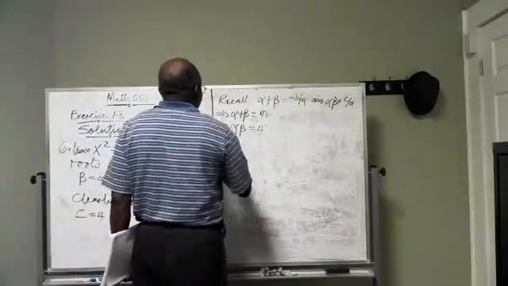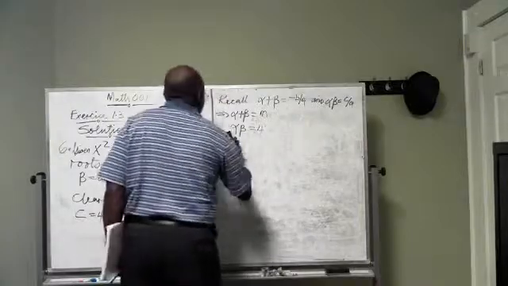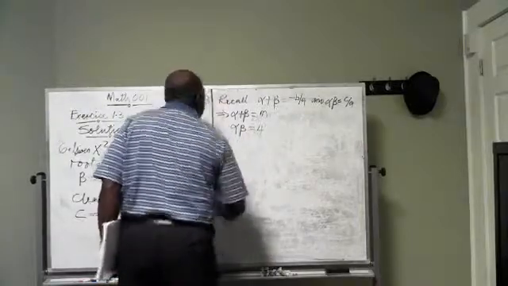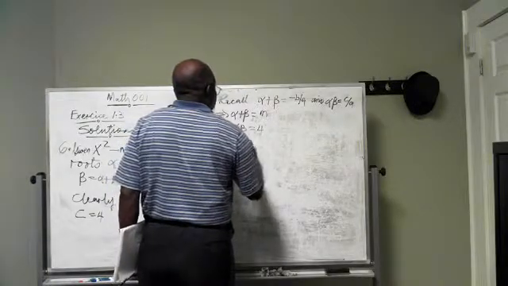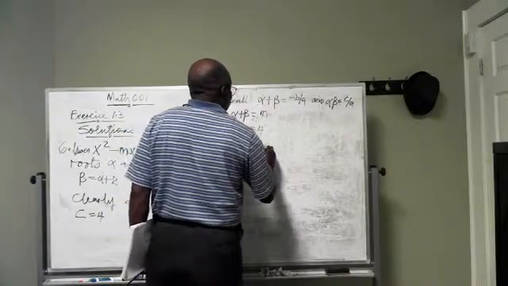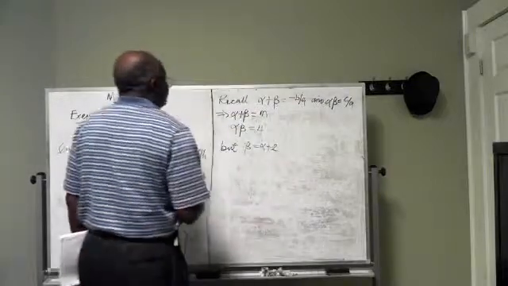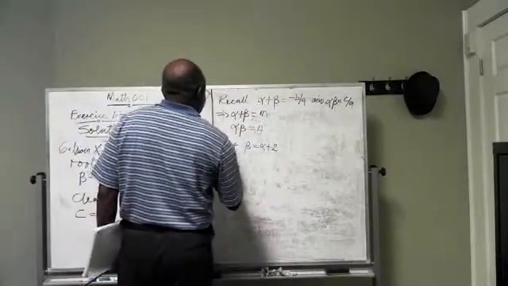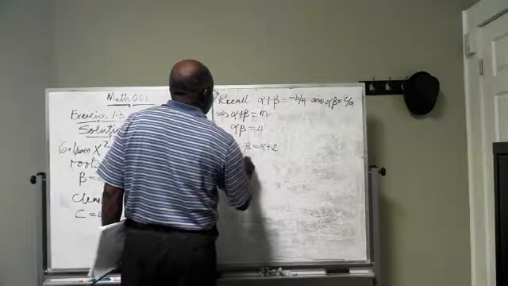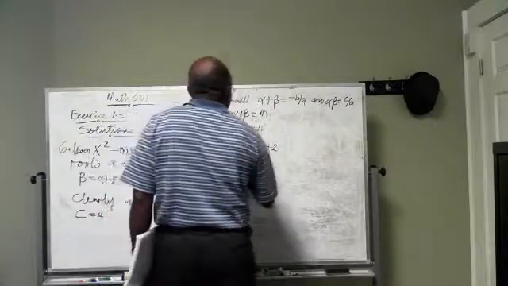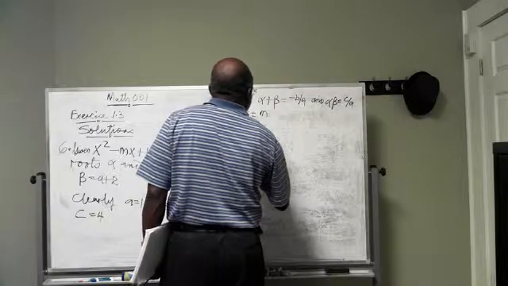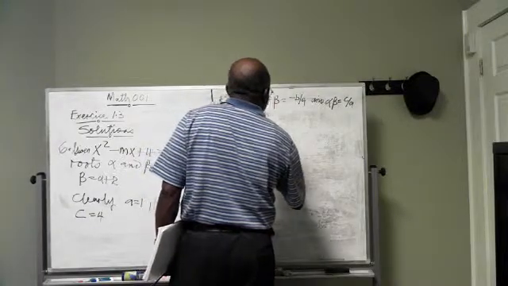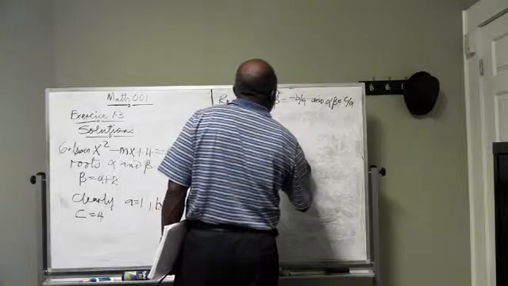But beta equals alpha plus 2. This implies alpha plus beta equals 2 alpha plus 2, which is equal to m.